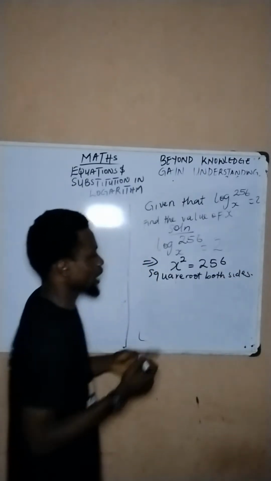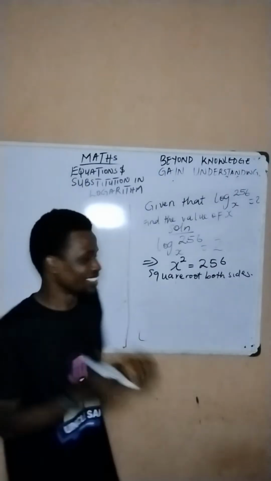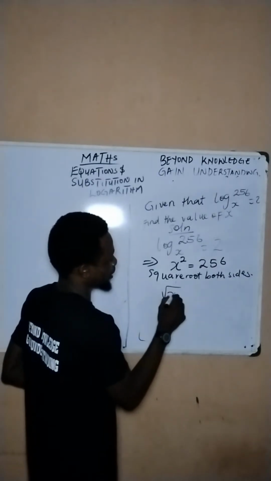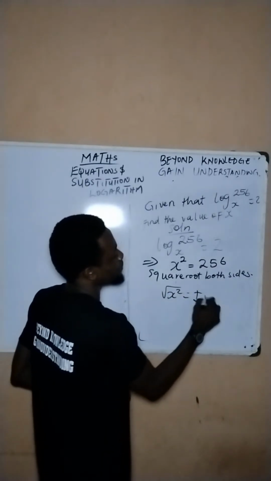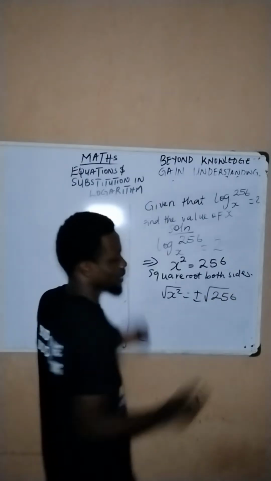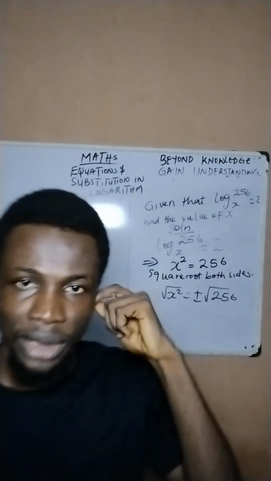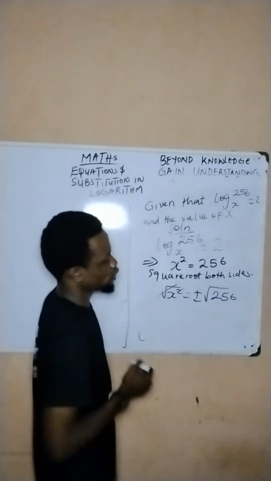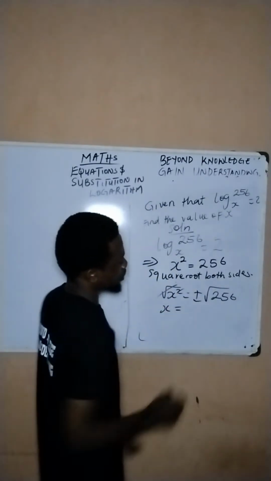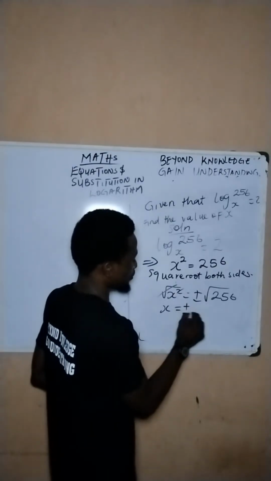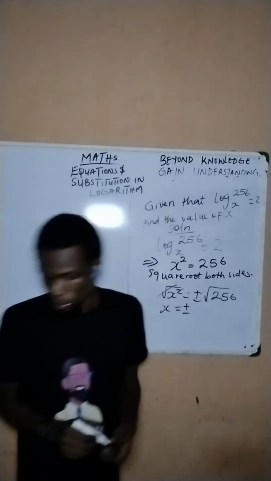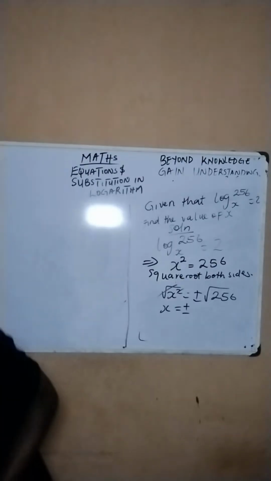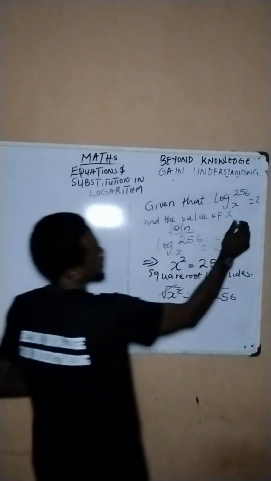If you square root both sides, because this is a quadratic expression, x equals plus and minus the square root of 256, because once you have a quadratic equation, two values will satisfy the expression. The square root of 256, I think, should be 16.